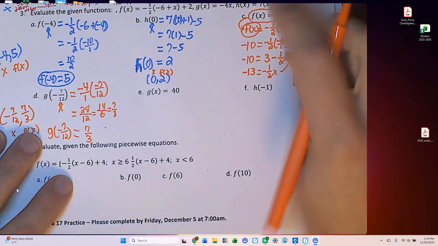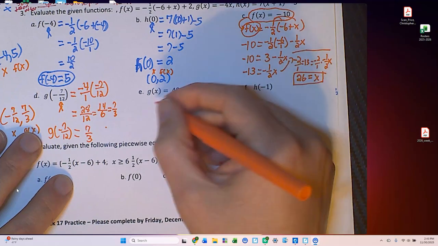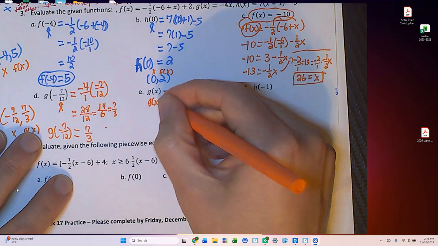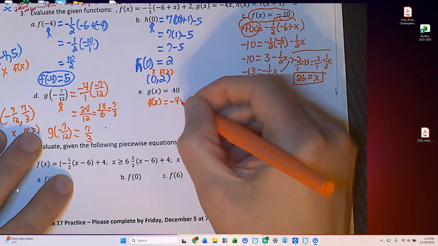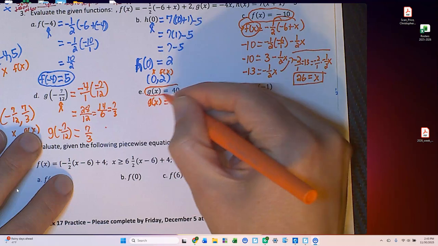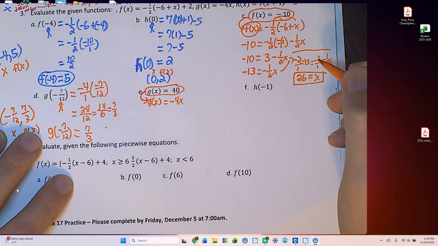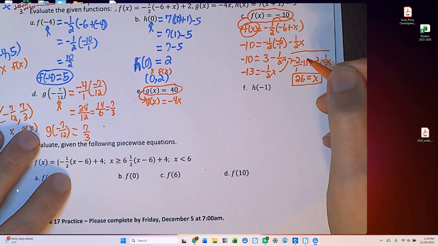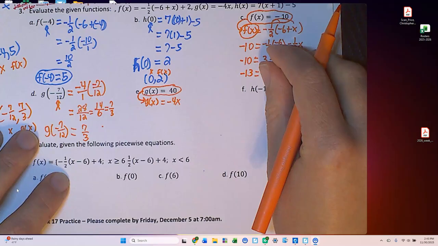Okay, it's saying g of x, okay, we're saying g of x and 40 represent the exact same amount, so they're interchangeable. It wouldn't matter if it's a smiley face, frowny face, anything.